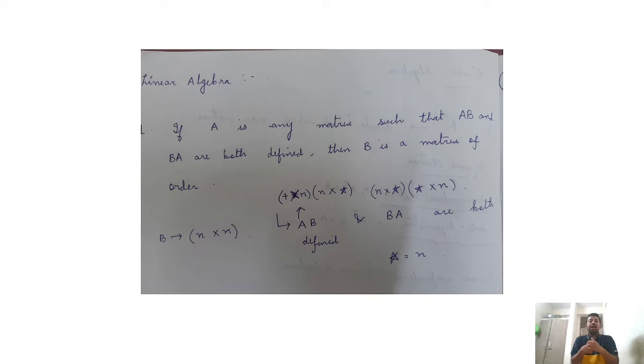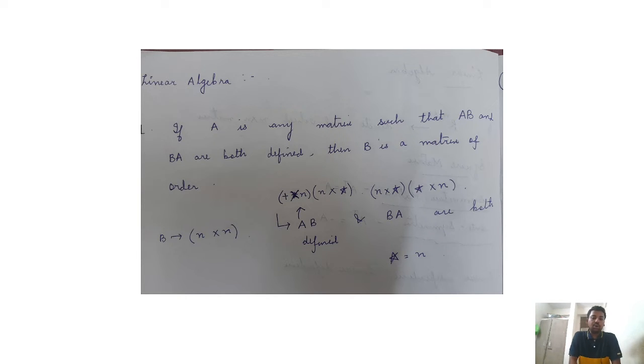For example, the multiplication AB is only possible when the number of columns in matrix A is equal to the number of rows in B. The question is, both AB and BA are defined, and we have to find the order of matrix B.